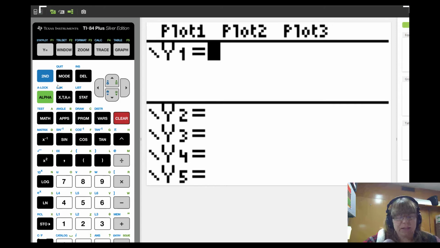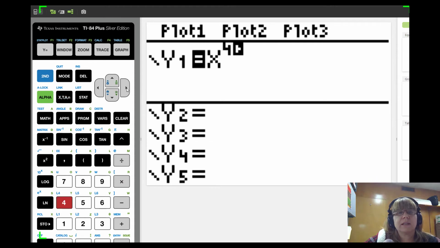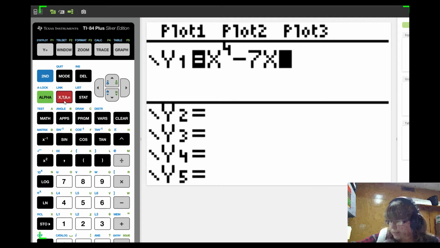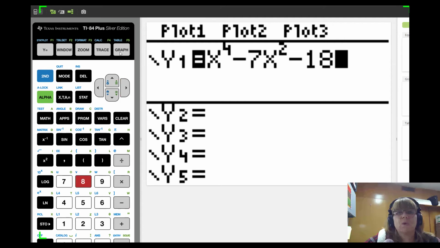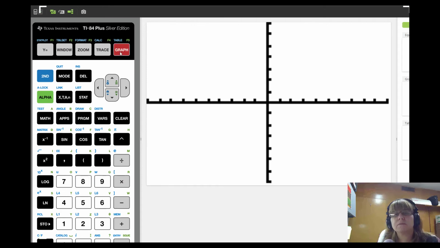So I want x to the fourth, minus 7x squared, and minus 18. And I'm going to go ahead and graph this. If all goes well, we'll see a graph.